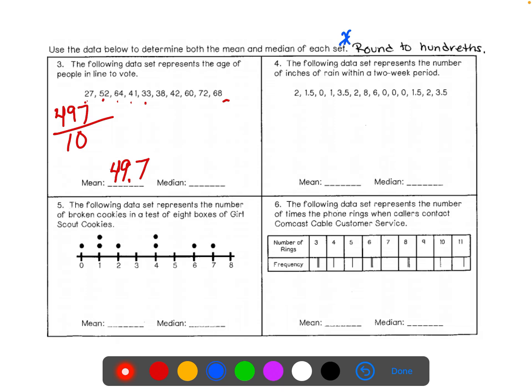So I'll scan this list of numbers, find my lowest number, which is 27, and then I cross it off from the original list. So I know I took care of it. All right, there's no more 20s, now 30s. We've got 33 and 38. 33, 38. Again, least to greatest, and then cross it off. Now 40s, we've got 41 and 42.